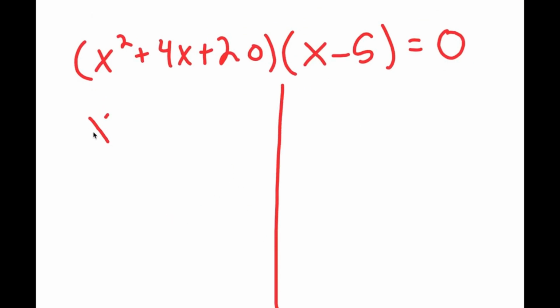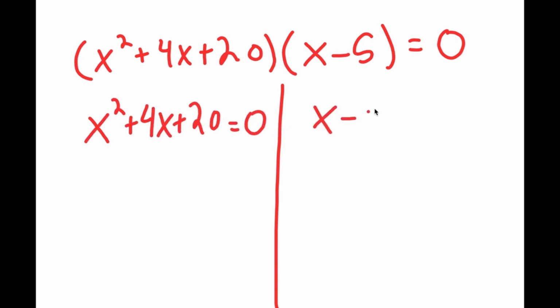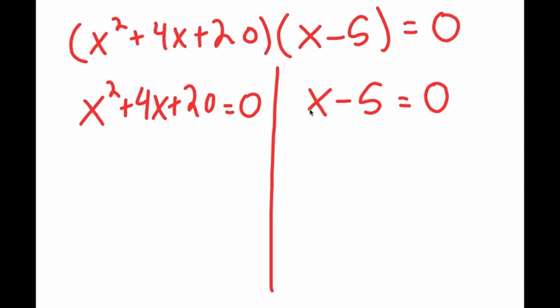I get x squared plus 4x plus 20 is equal to 0, and x minus 5 is equal to 0. So I'm going to first start by solving x minus 5 equals 0. To solve this, all I have to do is add 5 on both sides, and I get x is equal to 5.